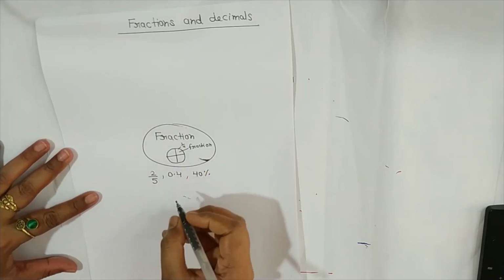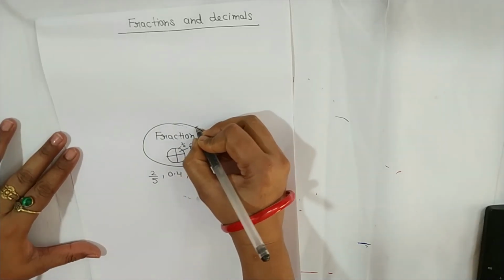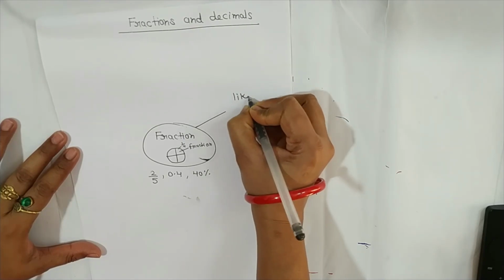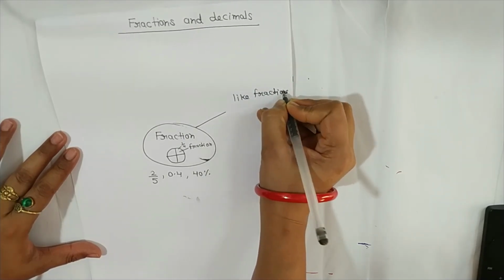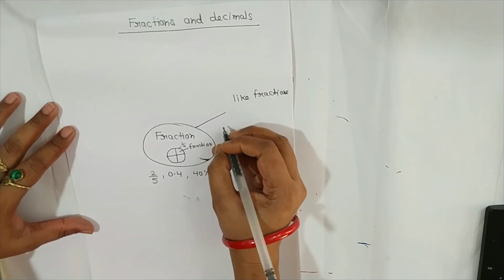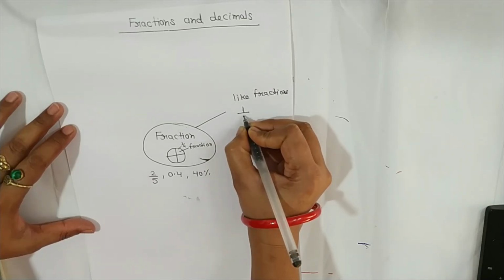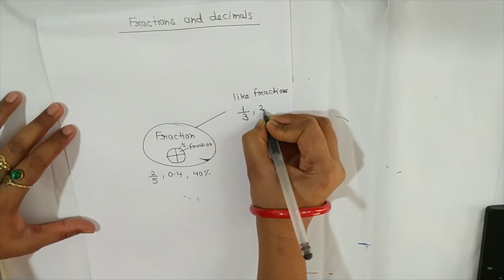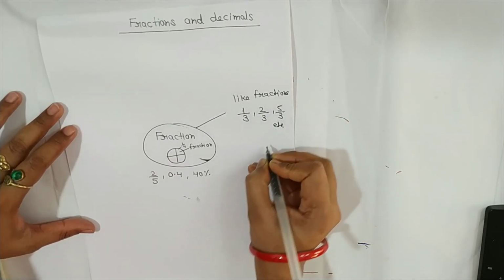Now we will learn the types of fractions. So first is like fractions. In these fractions, denominators are the same. So these are called like fractions. Suppose 1/3, 2/3, 5/3, etc. Okay.